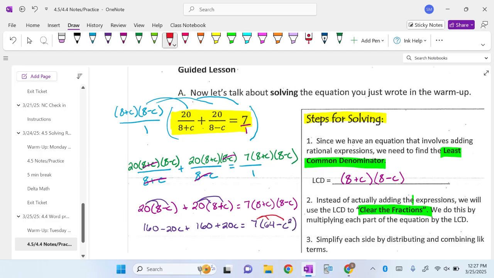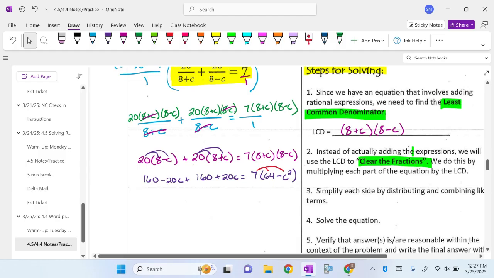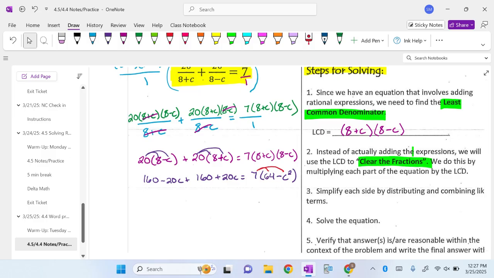And then just distribute the 7. Now, quick question. Before I even distribute the 7, what's going on the left side if I combine like terms? What happens? What cancels? The 20C's cancel because one's negative, one's positive. So we really only got to add the two 160s.